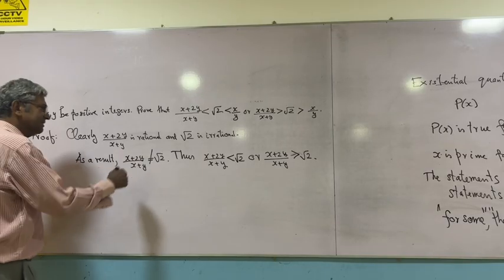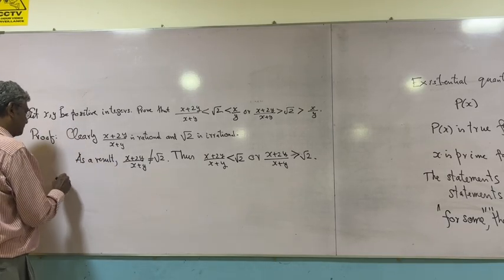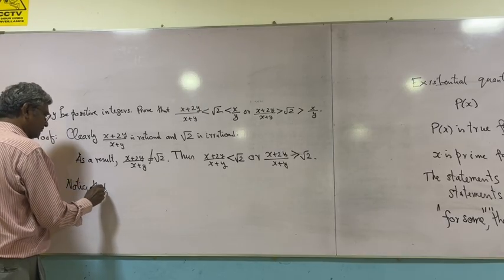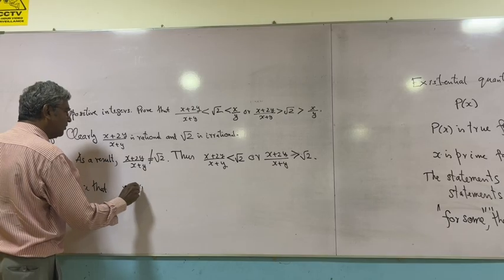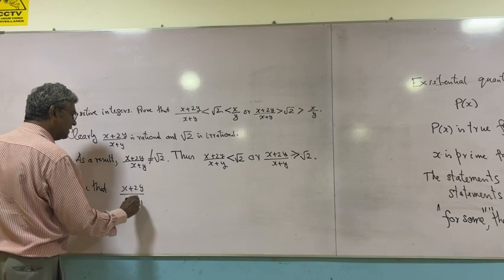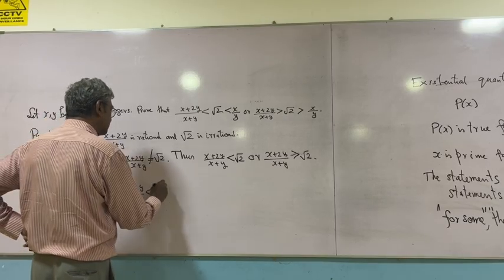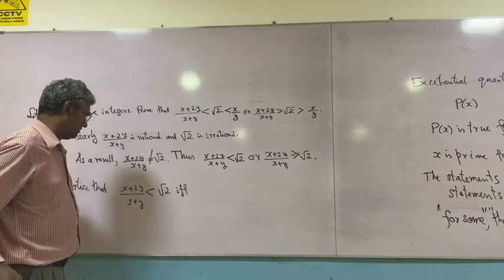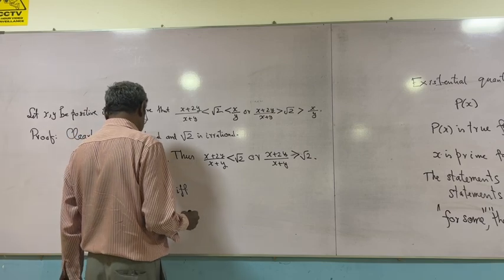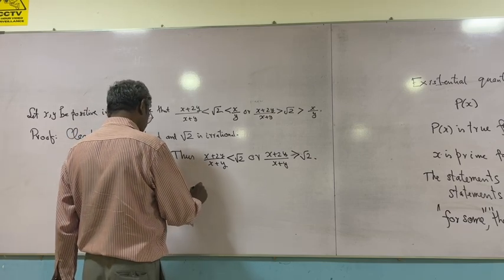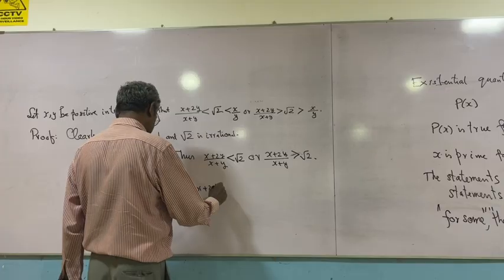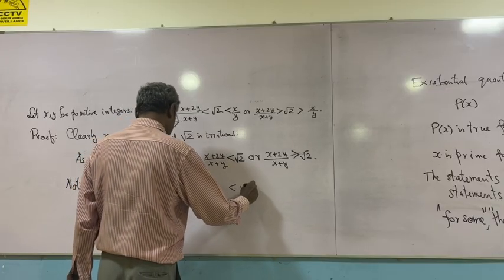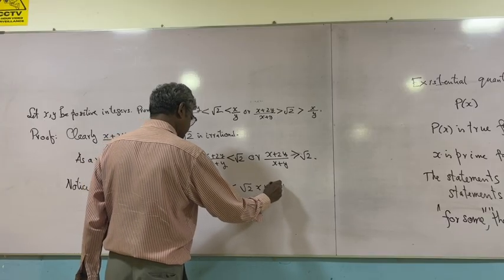Let's see anyway, let's simplify this thing. Notice that x plus 2y over x plus y is strictly less than root 2 if and only if, you know this thing, no? We have discussed. x plus 2y less than root 2 x plus root 2 y, no?